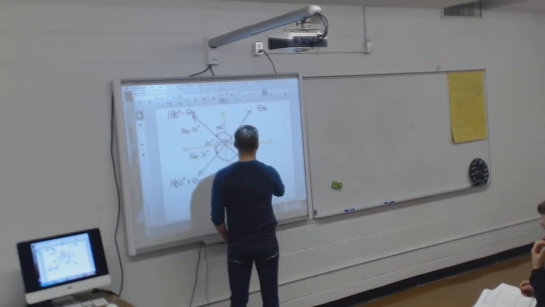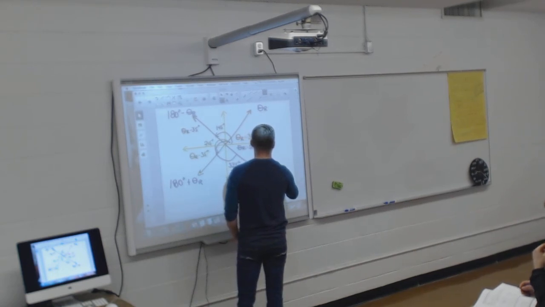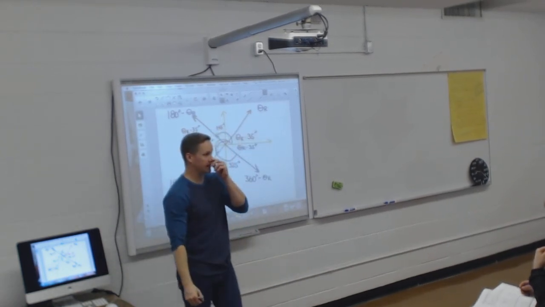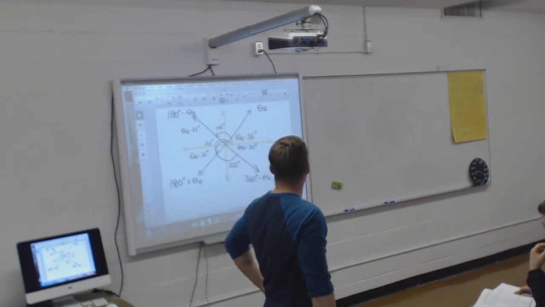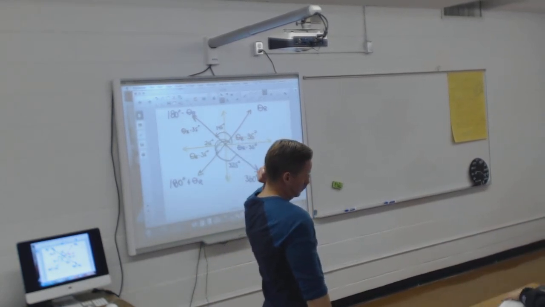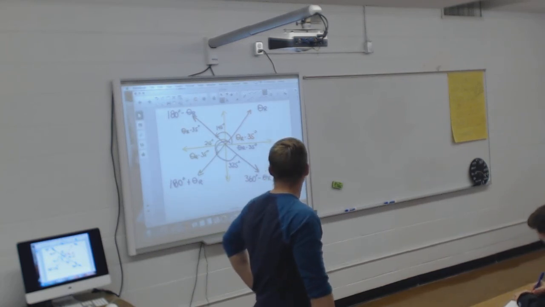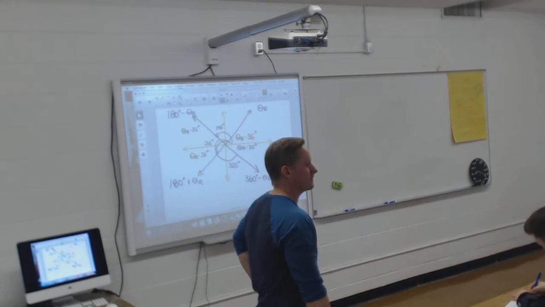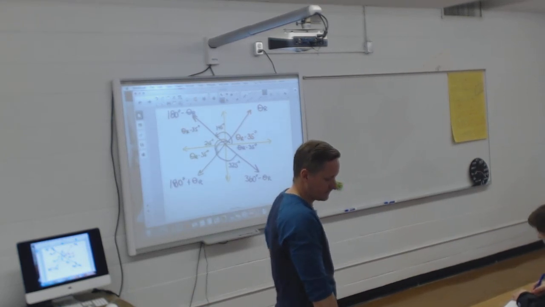And in the fourth quadrant, 360 degrees minus my reference angle. So that's how I get any angle in all four quadrants. So far, okay?